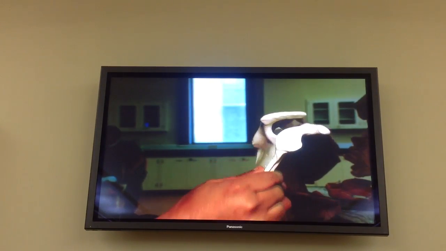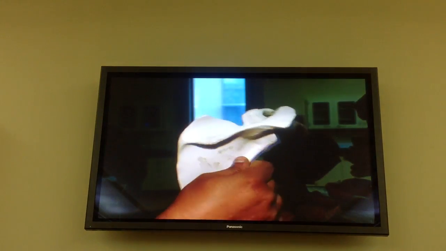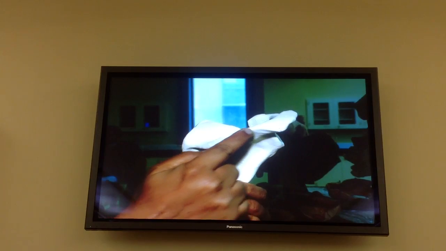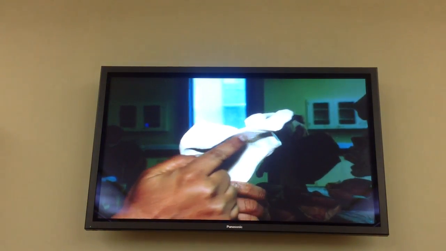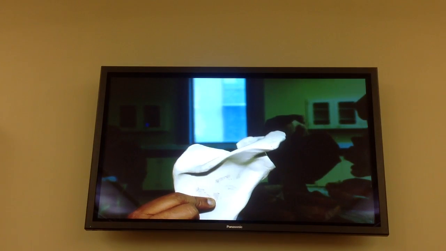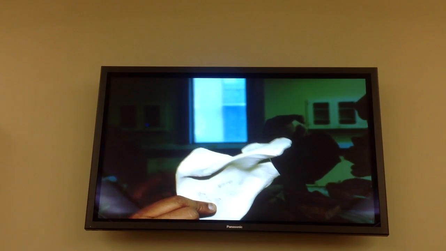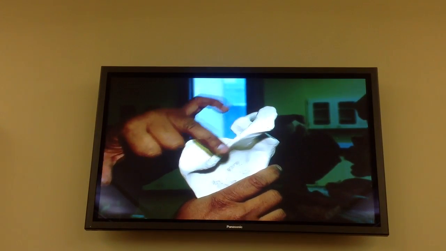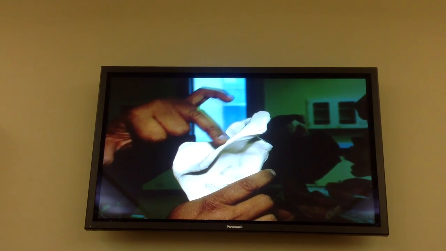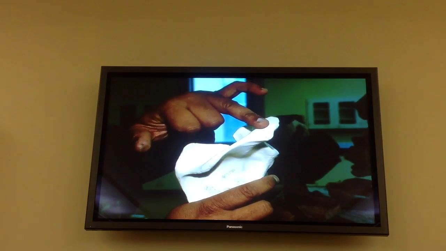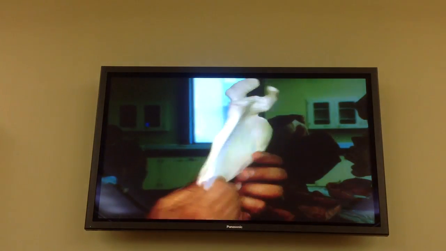And from here to here, this is called the spine of the scapula, or you may call it spine. S-P-I-N-E. This is scapula. Okay?